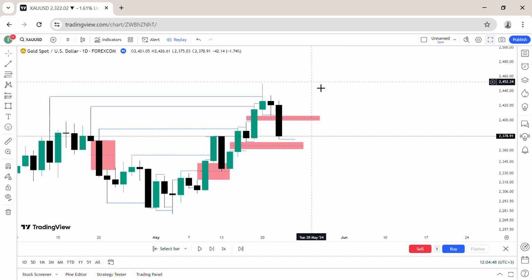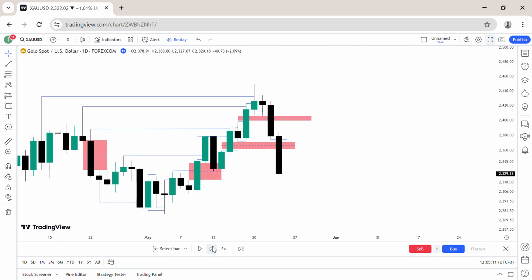So for me, having this candle closing below the previous day low, disrespecting the fair value gap, and there is a fair value gap just right below it, that gives me bearish expectations for the next day, right? So let's have a look at how it plays out. Exactly.